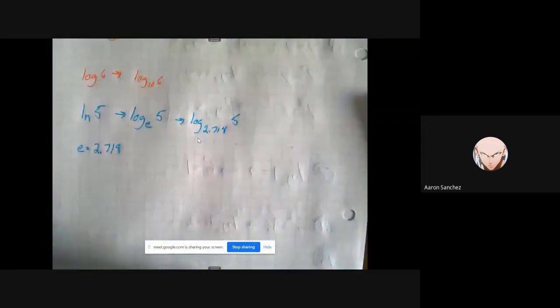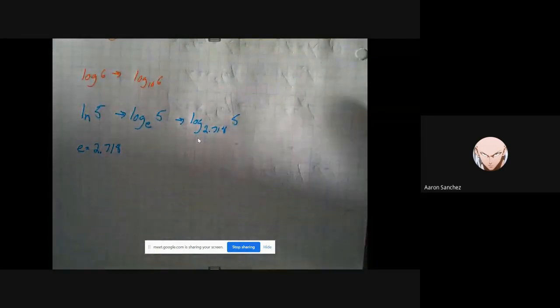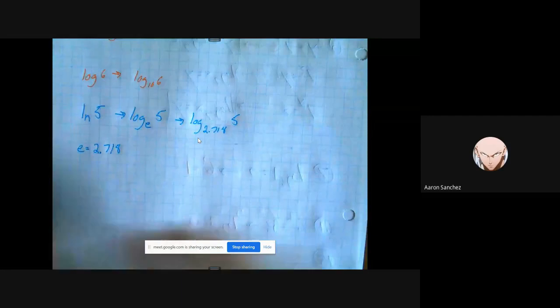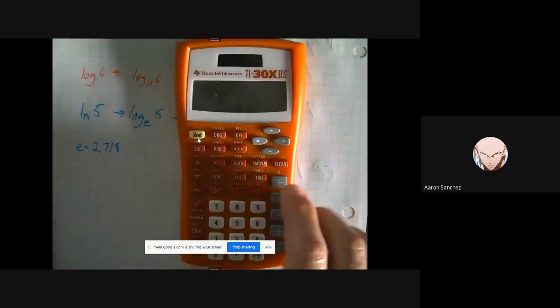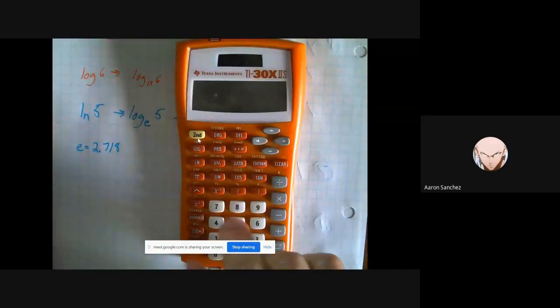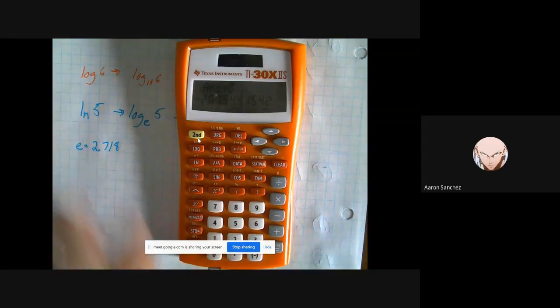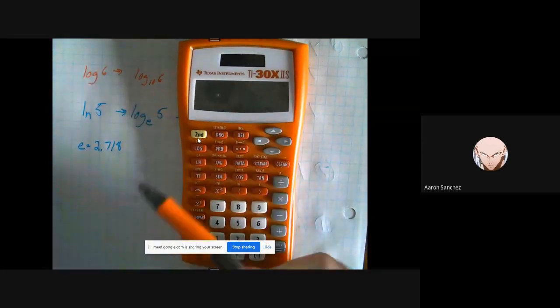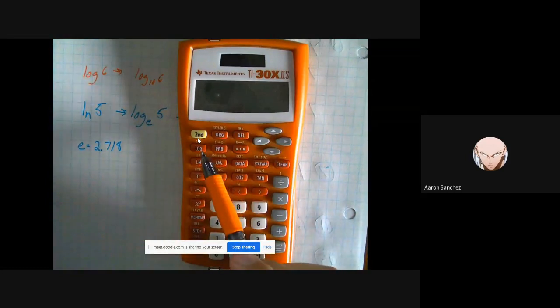All you need to know, regarding 27, when they want us to solve for the log base 6, is you just go on your calculator. Can you guys see my calculator there? This log is a log base 10 in your calculator. The natural log is this, the ln. That's a log base e.